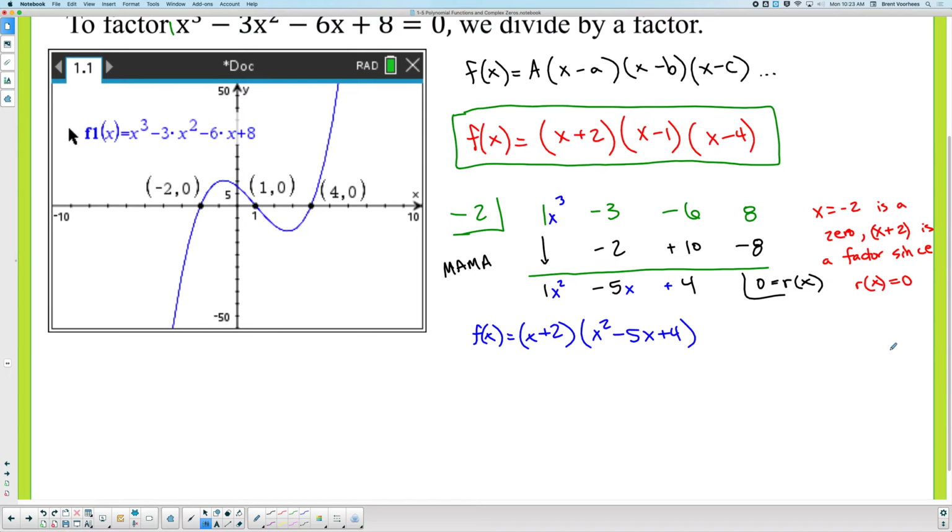And now we could use the x method. To factor this, again, we have to get these factors. This is still quadratic, and if it's quadratic, I do the x method. You first look for a GCF. Is there any GCF there? No. So now we do a times c. Here's a, b, and c. What's 1 times 4?